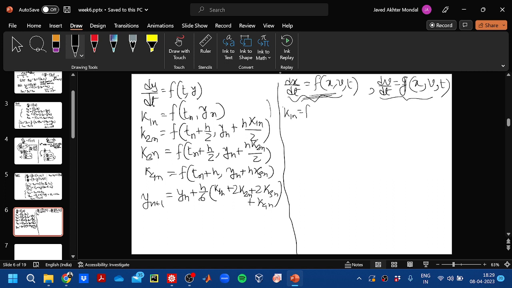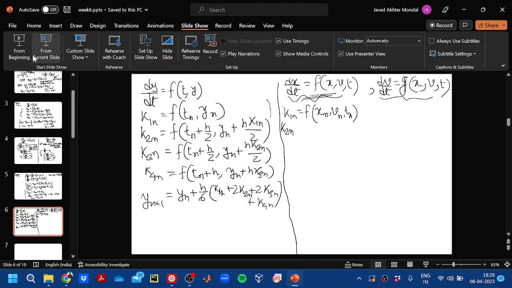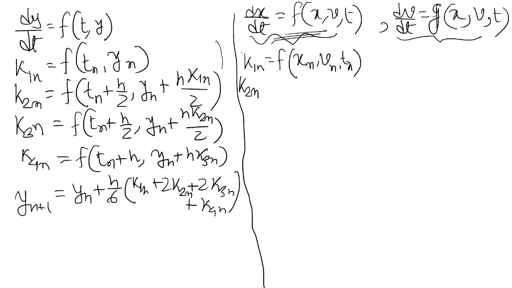Here we can write k1n, which will be f of xn, vn, tn. Then k2n will be equal to f of tn plus h by 2, xn plus h k1n by 2, vn plus, and here we have to write the k1n corresponding to v.